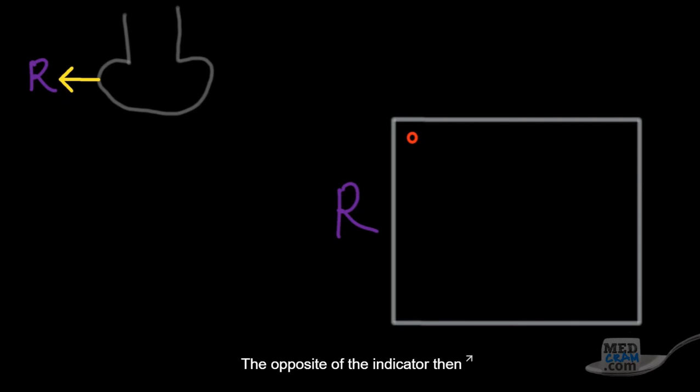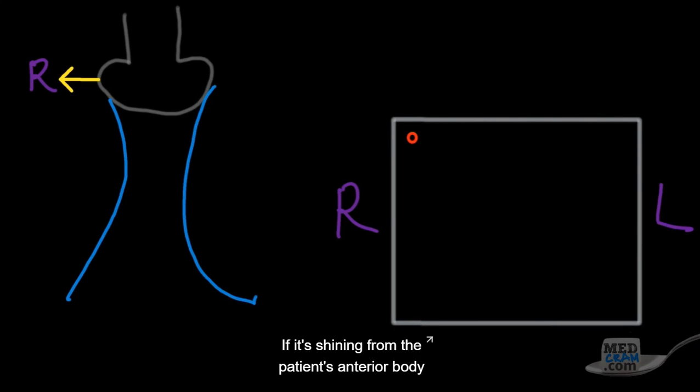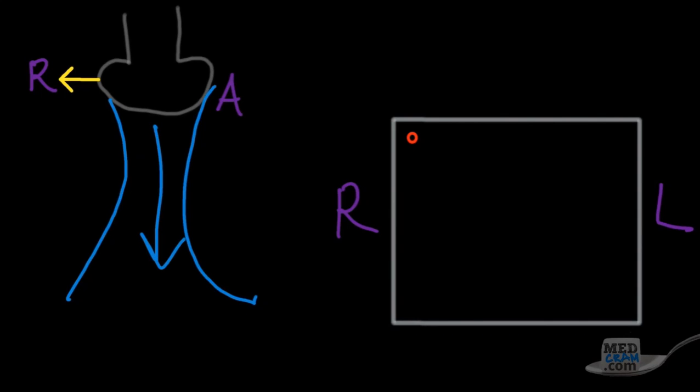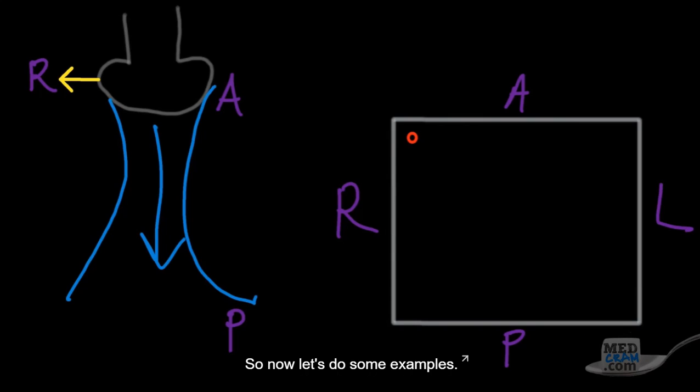The opposite of the indicator then would be the patient's left, and that figures out what's on the left and right of the screen. The second question we need to ask ourselves then is, where is the ultrasound probe shining from, and where is it shining to on our patient? If it's shining from the patient's anterior body to the patient's posterior body, then that will correspond with the top of the screen being anterior and the bottom of the screen being posterior. So now let's do some examples.